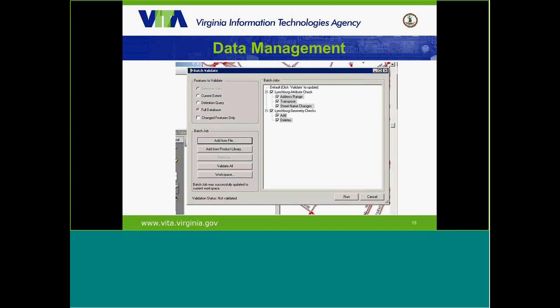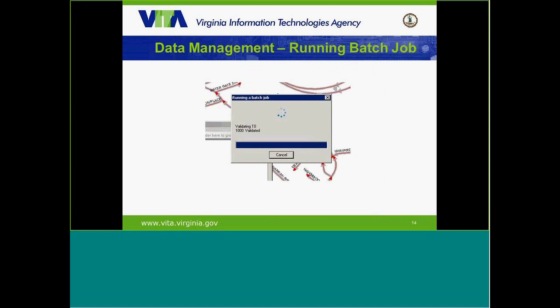And then once you do that, obviously you need to validate it, and depending on how many you have, this can run up to 10 minutes. I've had one that will take an hour to run. That's some of the larger localities.